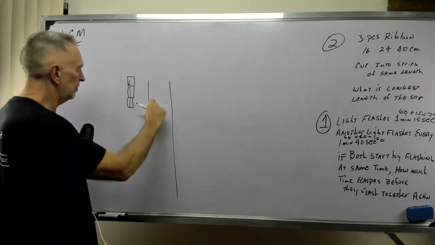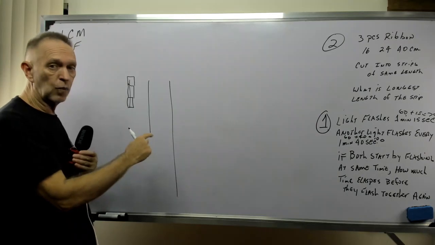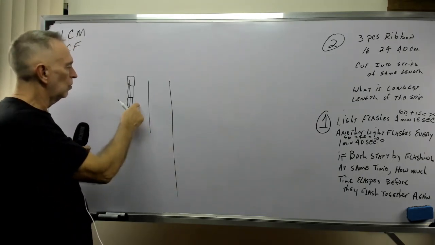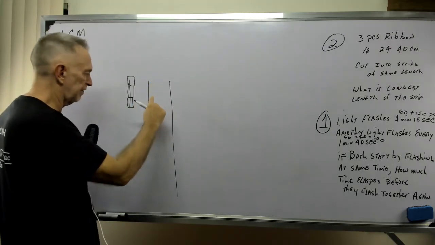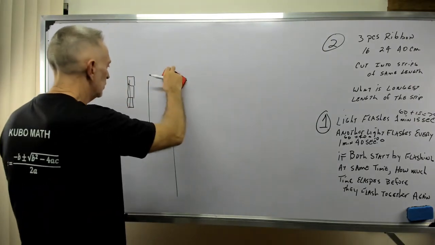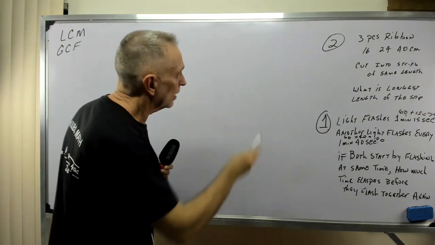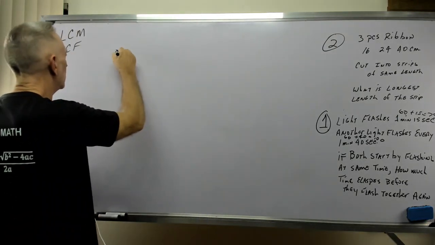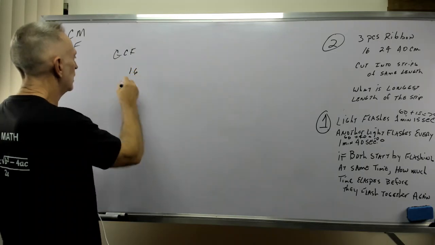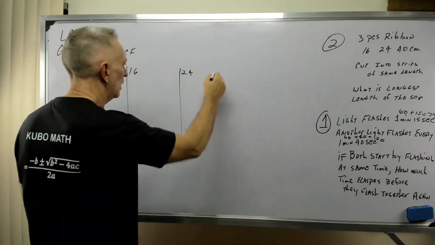They want to be able to cut not the same number, but they don't want to have any wastage in any of these. So they're trying to figure out what's the greatest common factor between these 3 lengths. So, having said that, what's the greatest common factor between 16, 24, and 40?